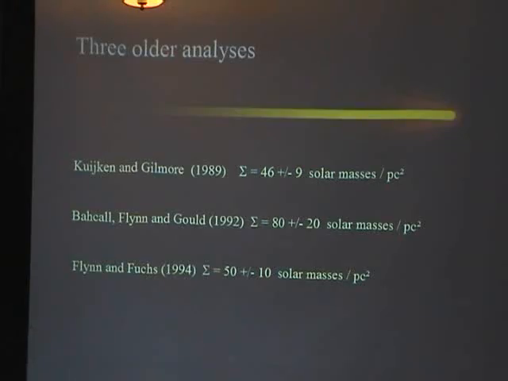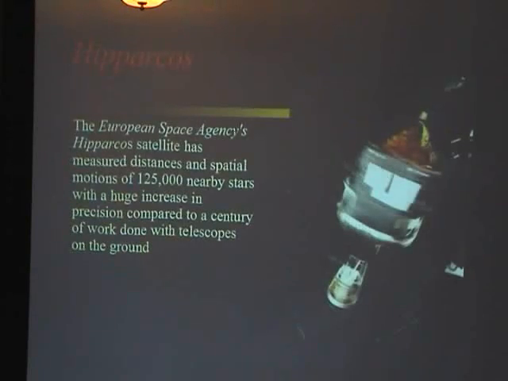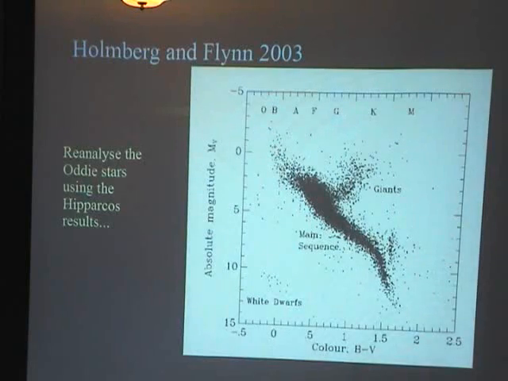These were prior to the flying of the Hipparcos satellite, the European Space Agency's Hipparcos satellite. What it did was improve things enormously by measuring the distances to nearby stars, so you could really count them up properly nearby. But also you could make much better calibrations of how far away more distant stars are. And that was a key ingredient in this new work.